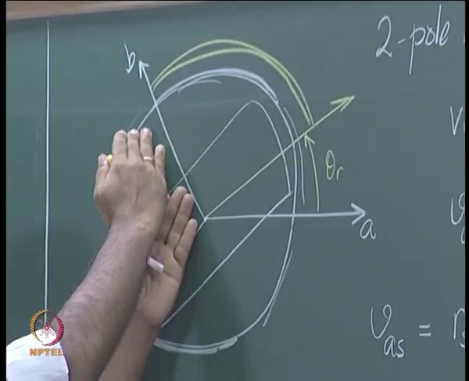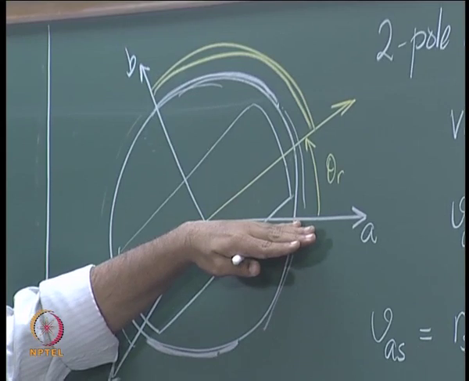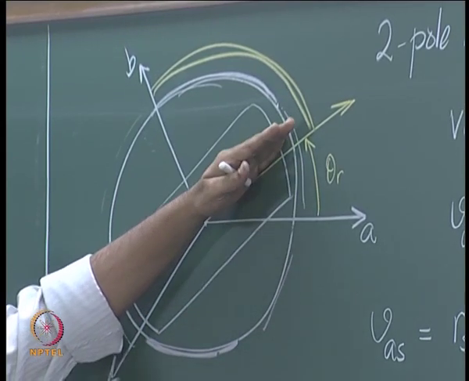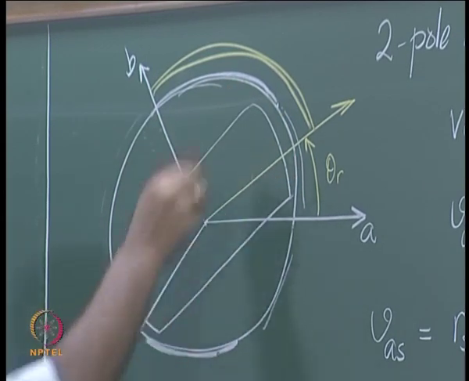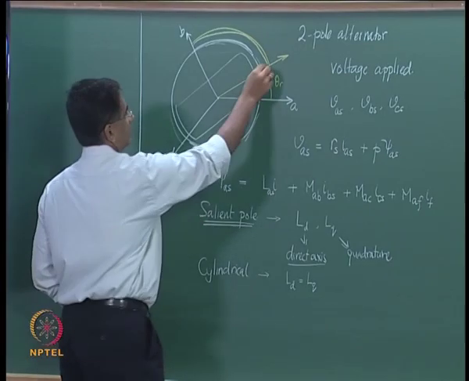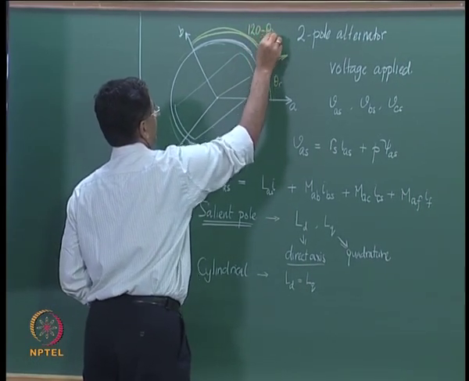and it is behind the B phase. In the earlier case when we determined the expression, the rotor axis was ahead of the A phase, but now it is behind the B phase, and this angle is what you need to determine for the angle theta r, and this angle is nothing but 120 degrees minus theta r.